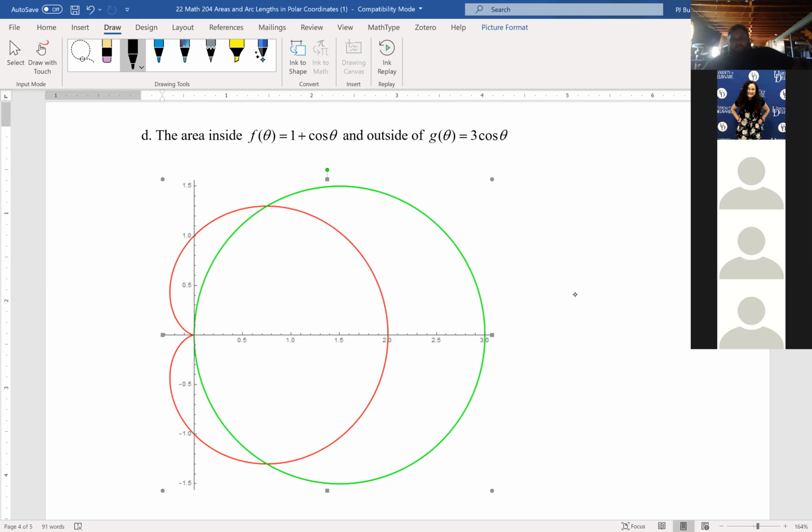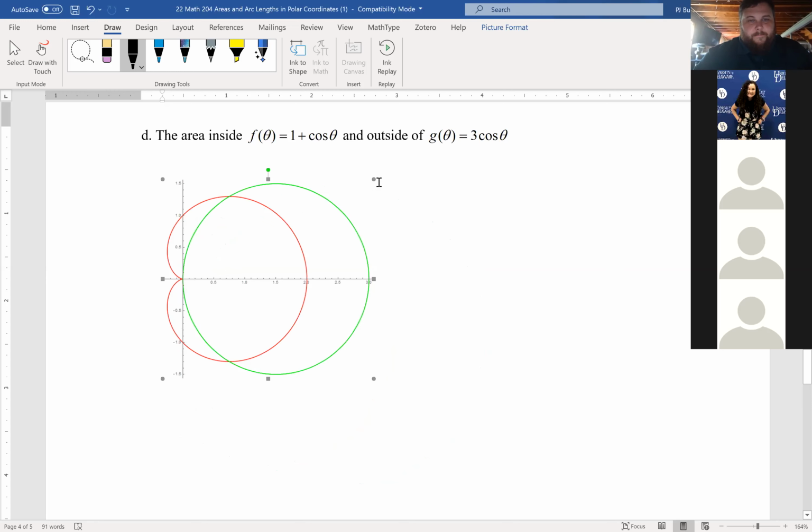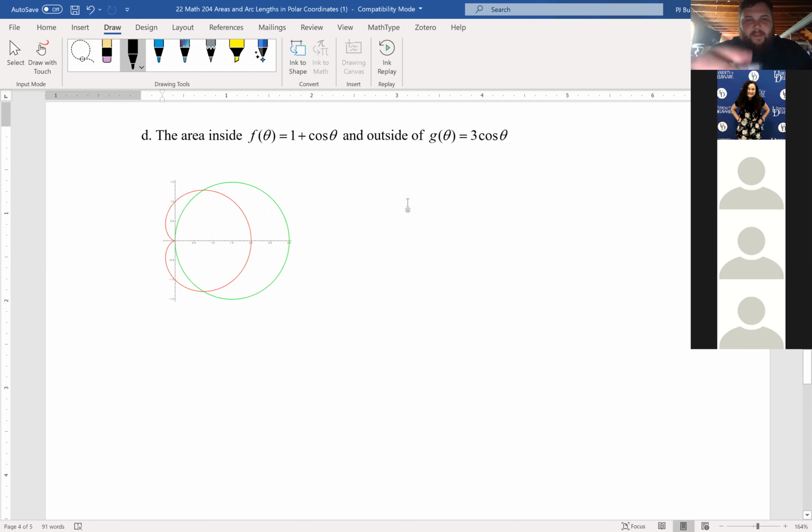So first thing we need, and again, we're trying to find this area here and this area here, and then we're going to add them together. Or I'm just going to find this one and multiply by 2. So very first thing I need to do is find out where do they intersect. So to do that, I need to set them equal.